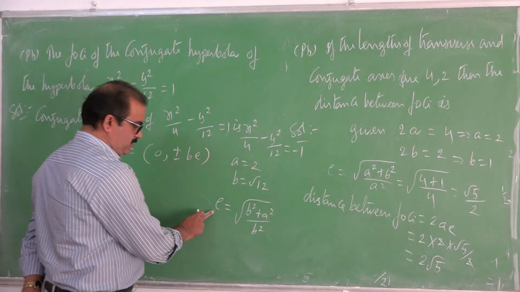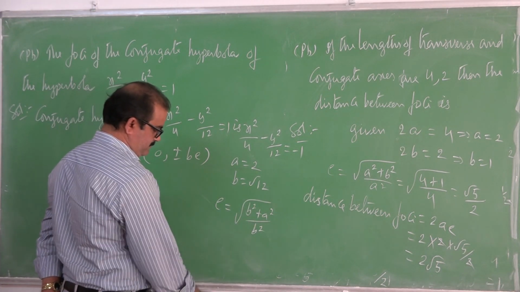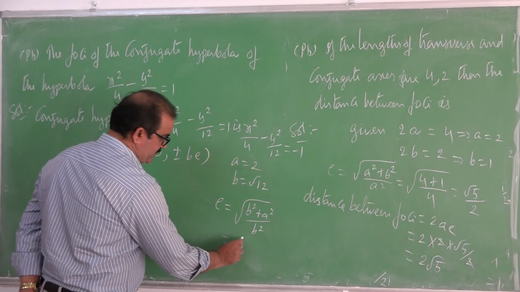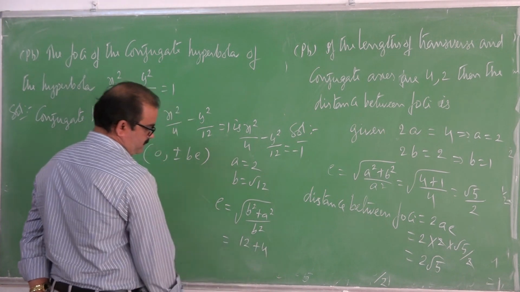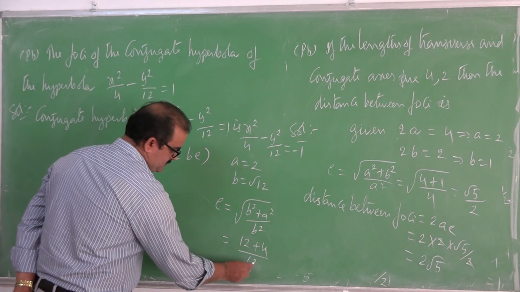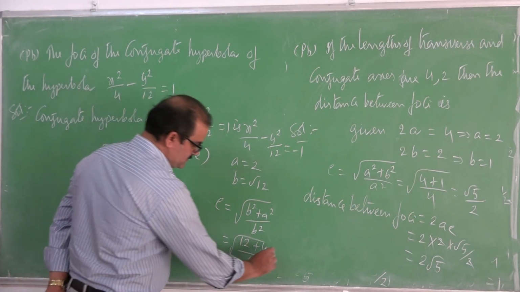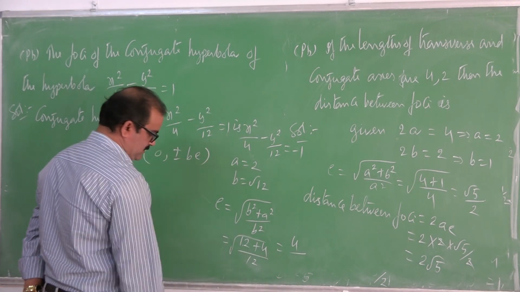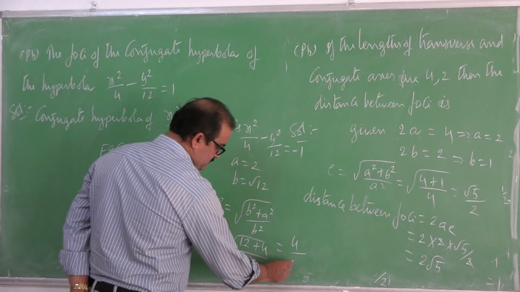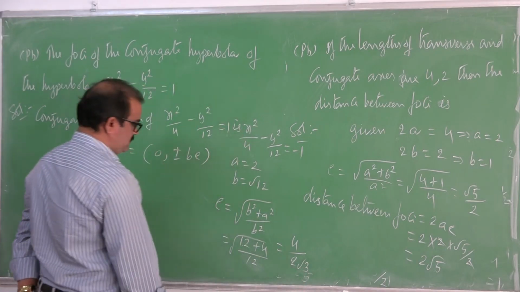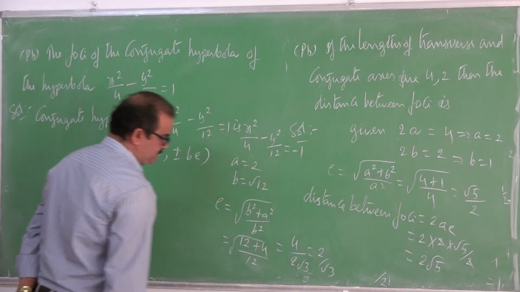This is the formula to find eccentricity of conjugate hyperbola. b square is 12 plus a square 4 by b square, that is 12. 12 plus 4, 16, root 16, 4 by root 12. Root 12 is taken as 2 root 3. This is 2 by root 3.